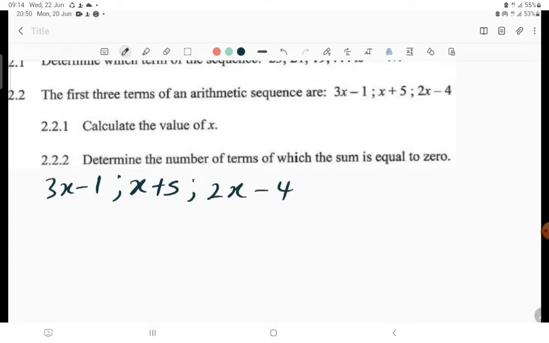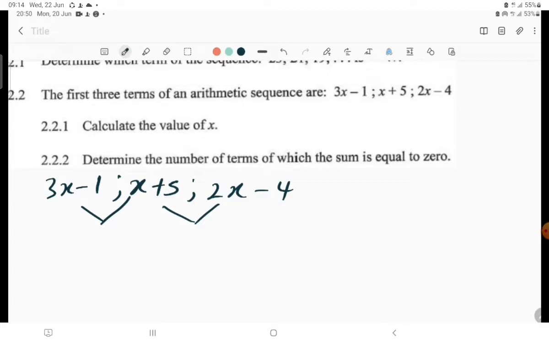When you are having the arithmetic sequence, we just need to remember that the arithmetic sequence has a common difference. So we're just going to find the common difference, which means this difference is going to be equal to that difference right from the start.